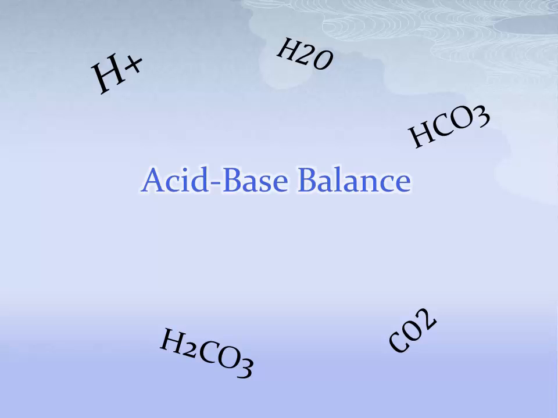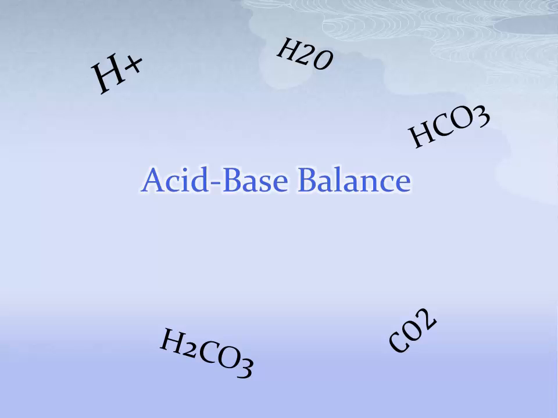And so we want the pH to stay within a fairly narrow range. If you remember your chemistry, or wherever you learned about pH, 7 is neutral, but blood is actually slightly alkaline.